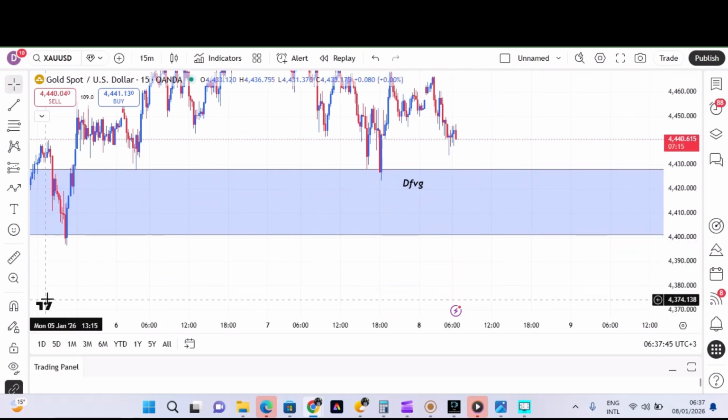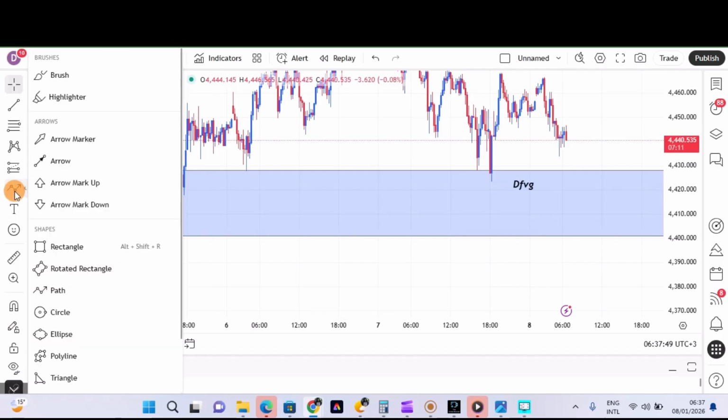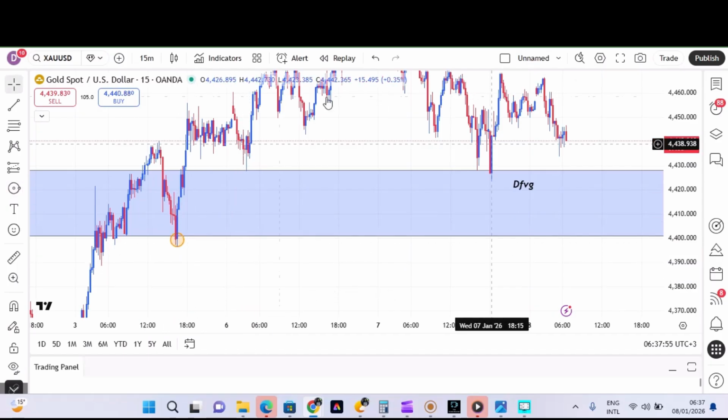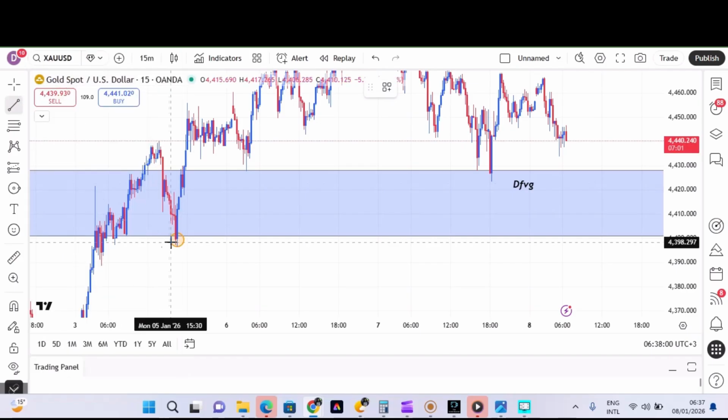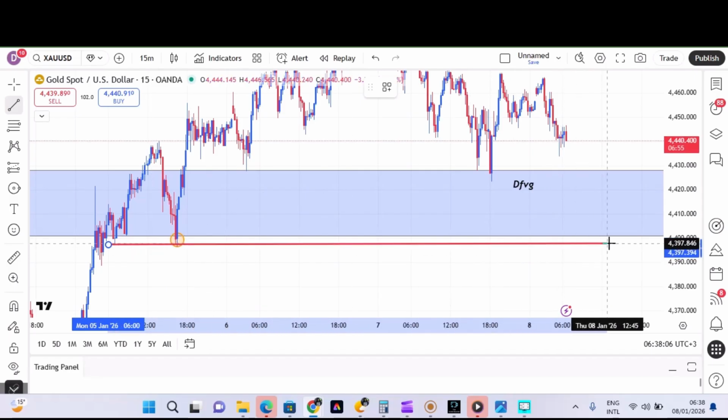Because remember, there is also liquidity sitting here. I like marking liquidity zones like this on the 15-minute. Yes, there is liquidity there. Very, very serious liquidity lying down here.